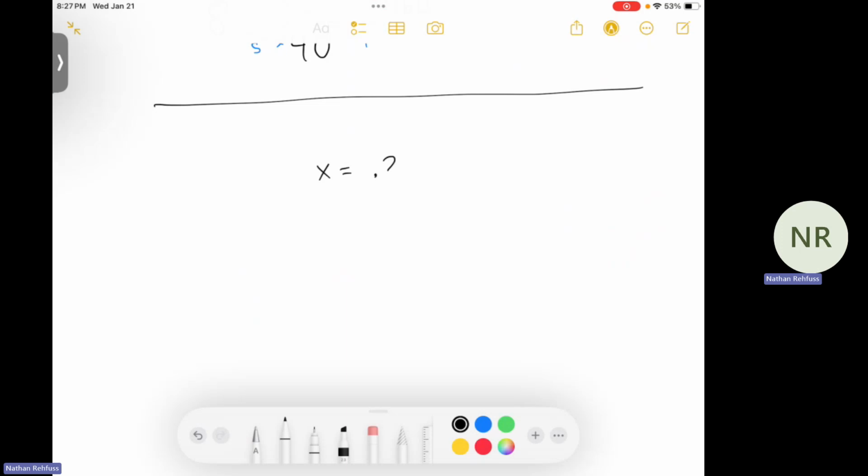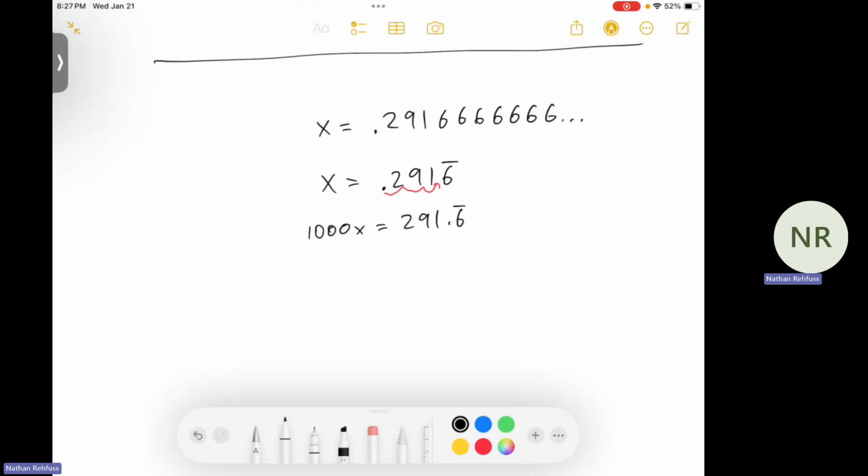X is 0.29166666666. So we multiplied both sides by 1,000 because I needed to move the decimal over 3 places to get the repeater by itself. Then I can subtract 291 from both sides. I know 0.6 repeating is 2/3.